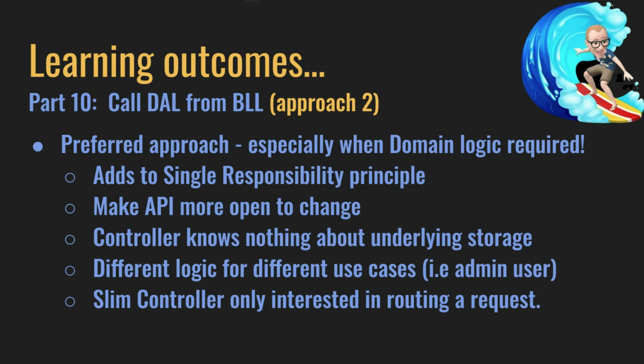It won't care. It just knows a thing it can delegate a request to, which will be our business logic layer that says go and get me a player. And how it does it in the background, it doesn't care, it just awaits a response that comes back to it.